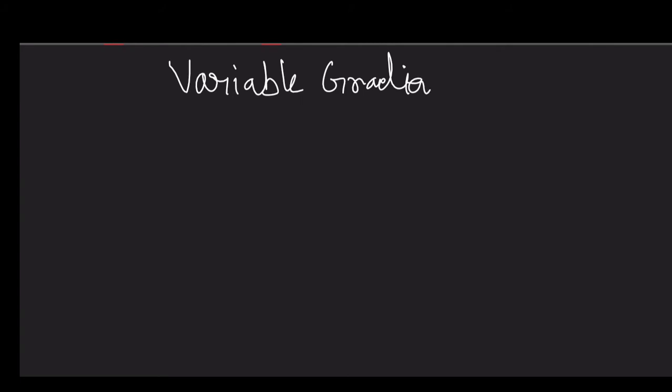So in today's video, I'm going to discuss the variable gradient method, as I have pointed out the difficulties with our normal Lyapunov function. One Lyapunov function advantage is that it gives us a sufficient condition.